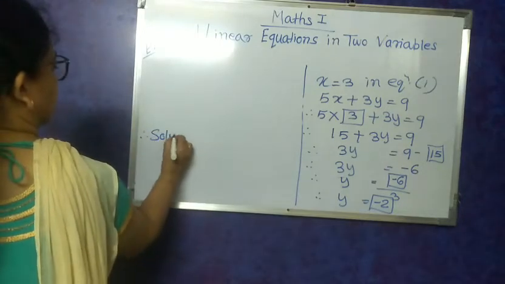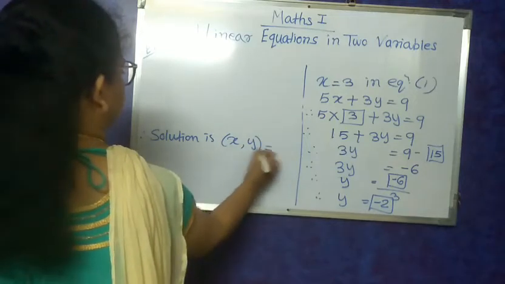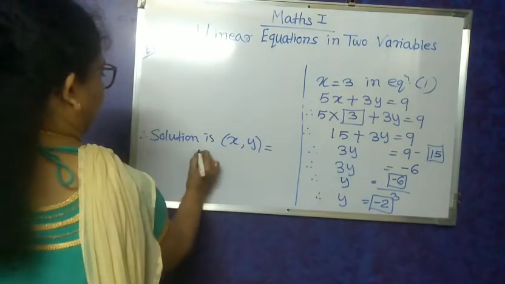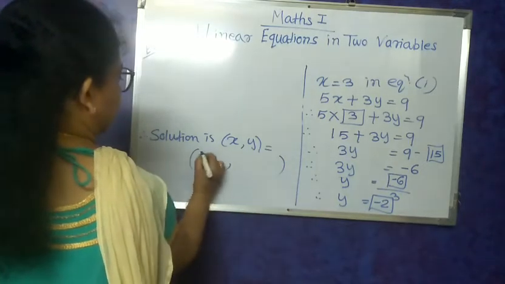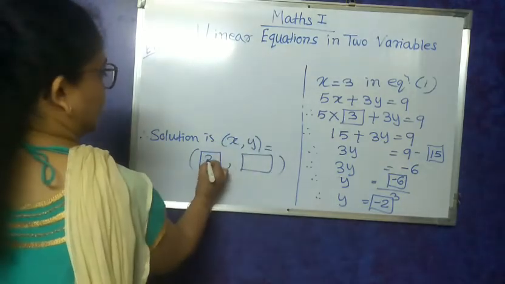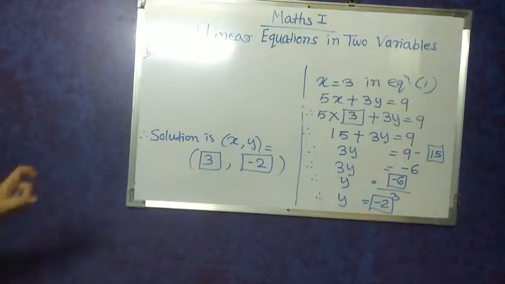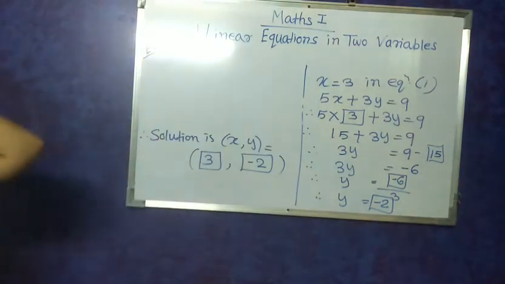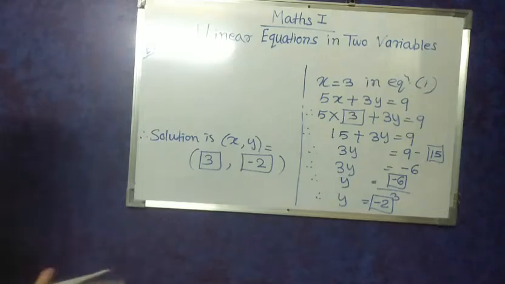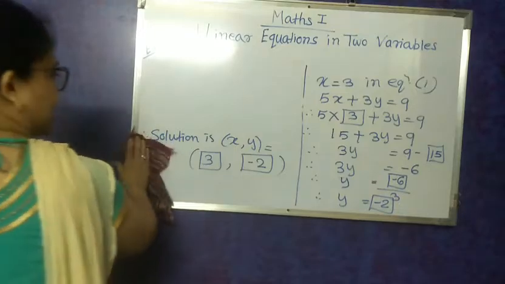Therefore the solution is x comma y is equal to, and it should be in brackets. So the x value we got is 3 and y's value is minus 2. Wherever the boxes are asked, you can show them with a pencil, but if it is not possible, show them with the pen. Okay, so this is the way to solve the simultaneous equation.